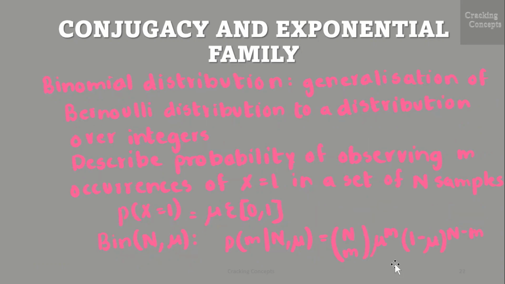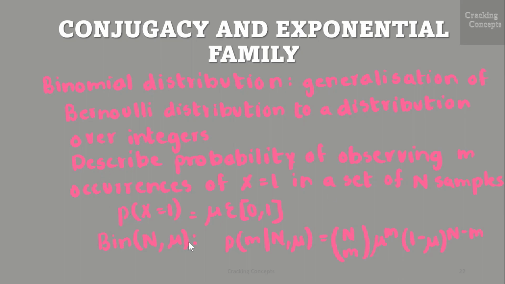Next is a binomial distribution, which is a generalization of the Bernoulli distribution to a distribution over integers. In particular, binomial can be used to describe the probability of observing m occurrences of x equal to 1 in a set of n samples from a Bernoulli distribution where p of x equal to 1 is mu, which belongs to [0, 1].